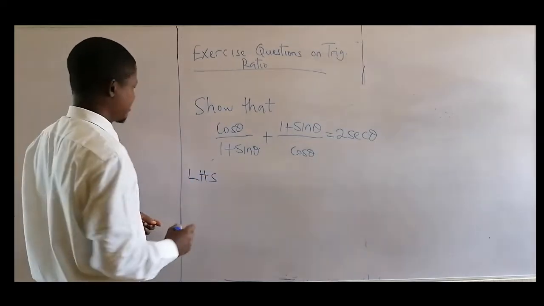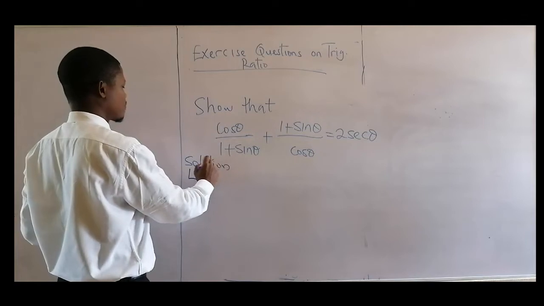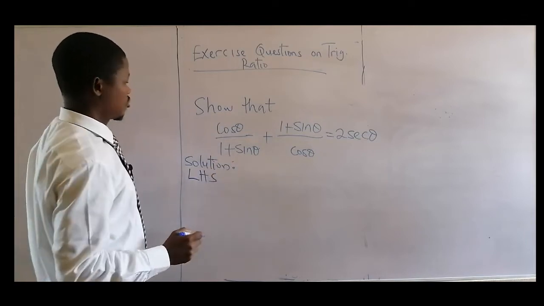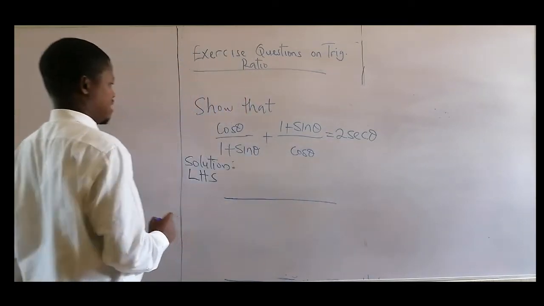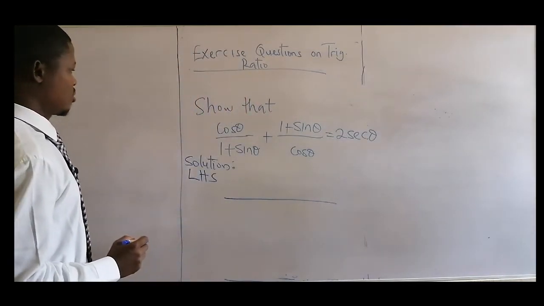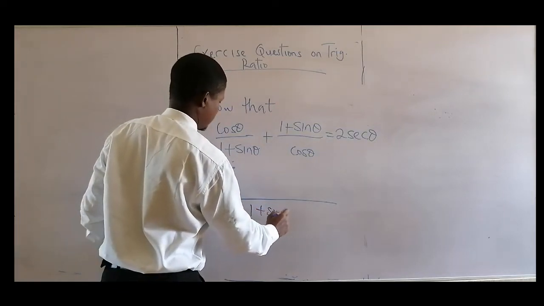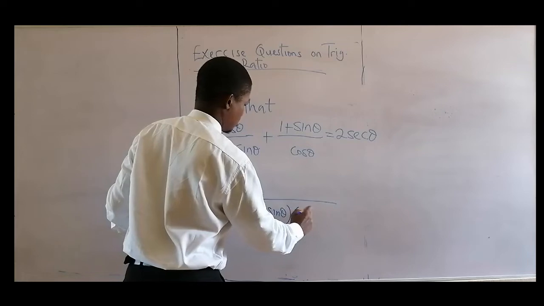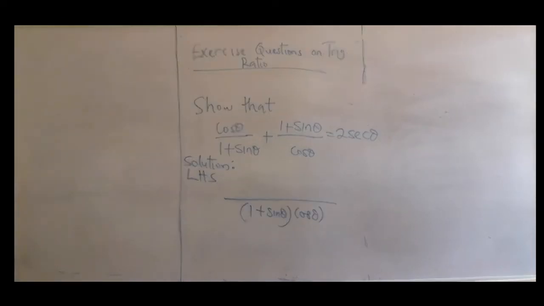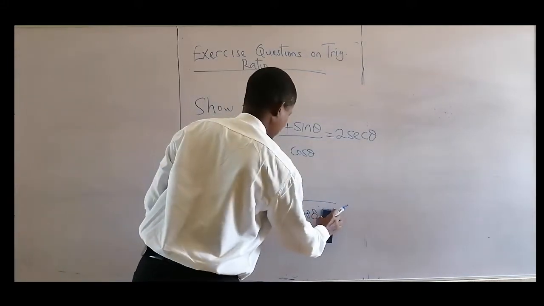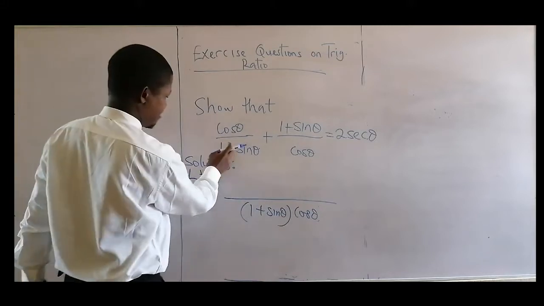So what we are going to do in this case is to find the LCM, the common factor of that question, and that will be equal to 1 plus sine theta times cos theta. Then this and this cancel.